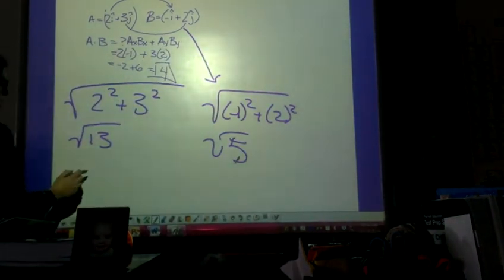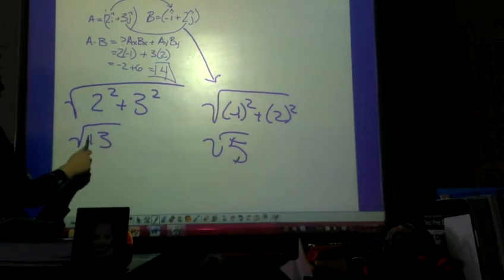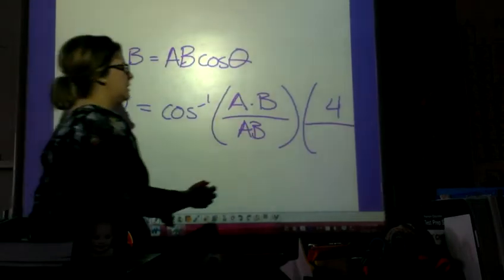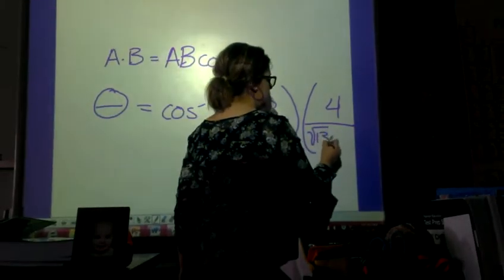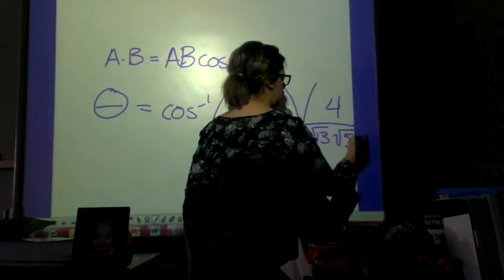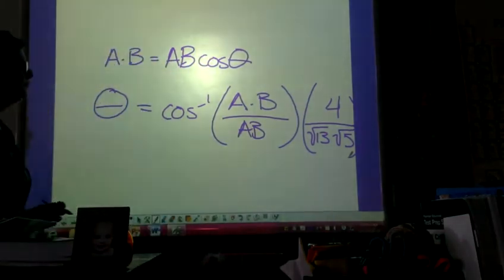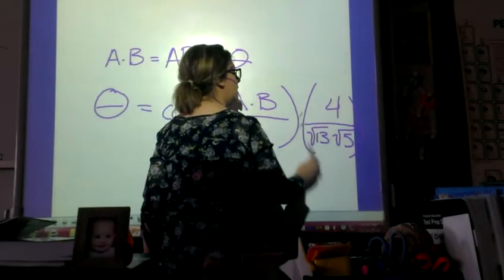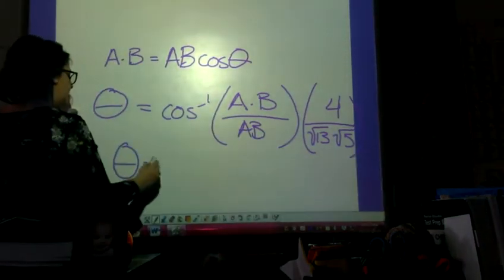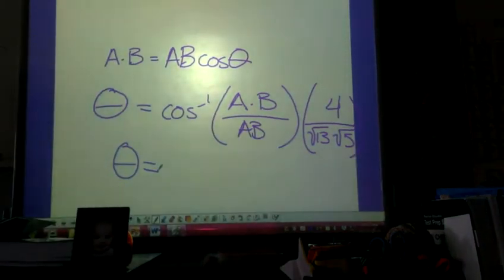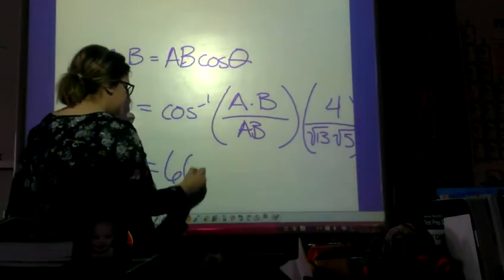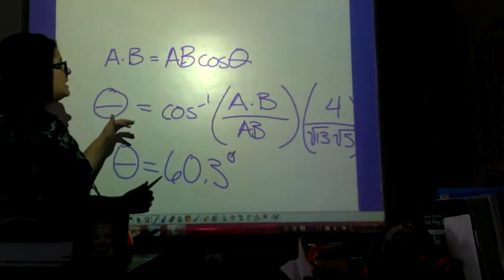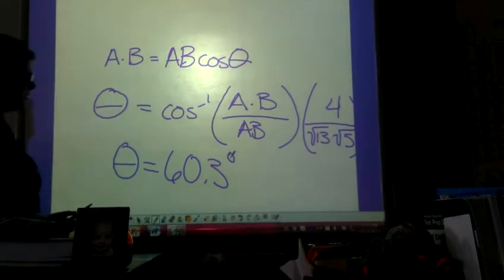So then ultimately, A times B is just going to be radical 13 times radical 5 in the denominator here. So I want to take the inverse cosine of this. If you do that in your calculator, you should get theta to be 60.3 degrees. So there is 60.3 degrees of separation between vector A and vector B.